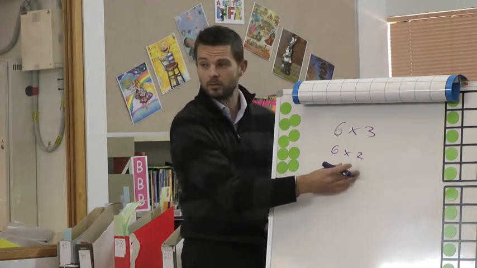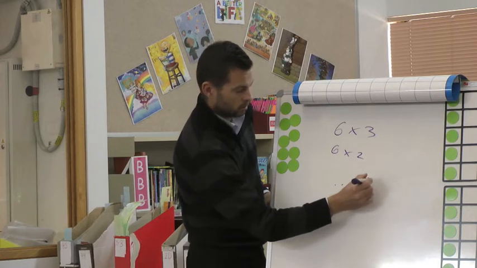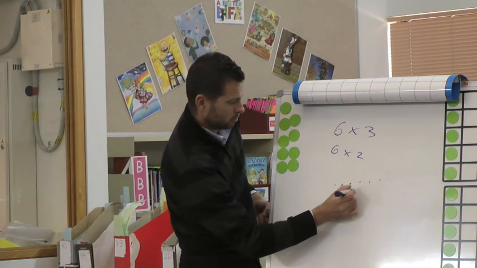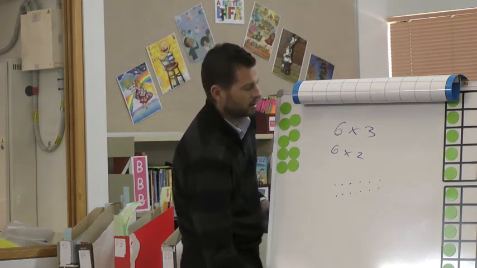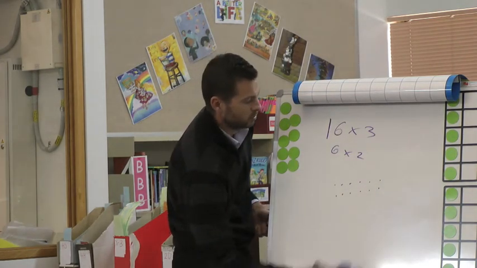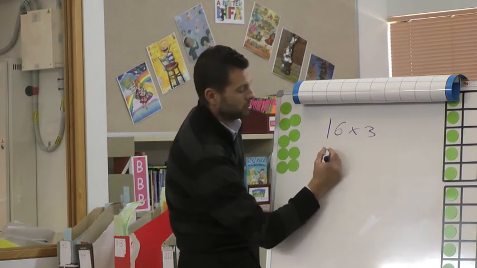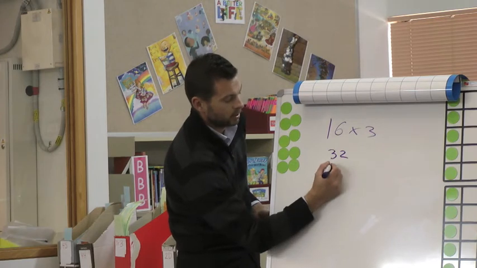Well, I know my 6 times 2s. So I double it, and then just add one more row of 6. So if we got into bigger numbers of 16 times 3, I can double 16, which is 32. Add another 16 onto that.